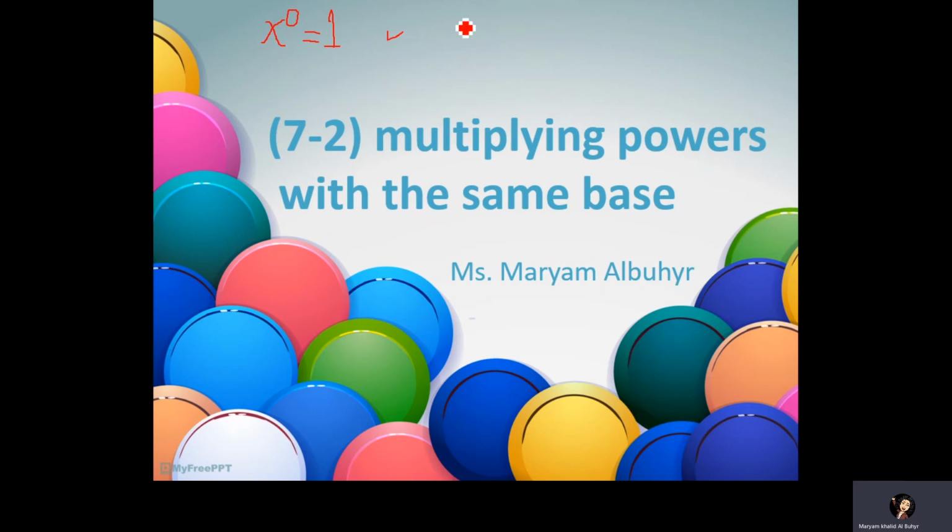Also, if we had a negative power, for example x to the power negative 1, that's equal to 1 over x to the power 1.